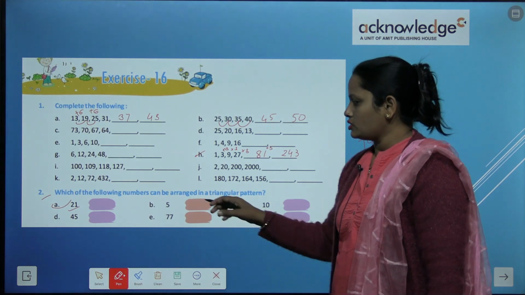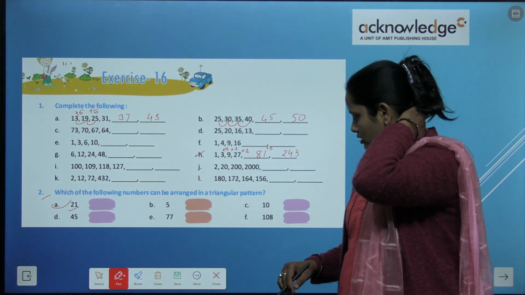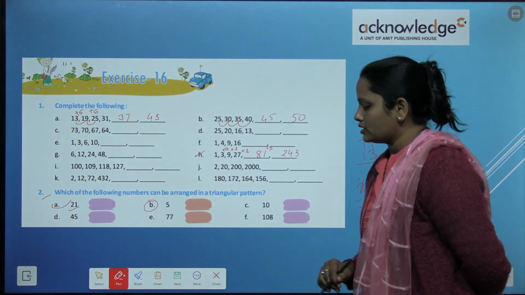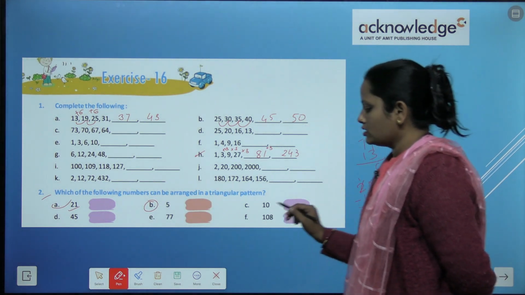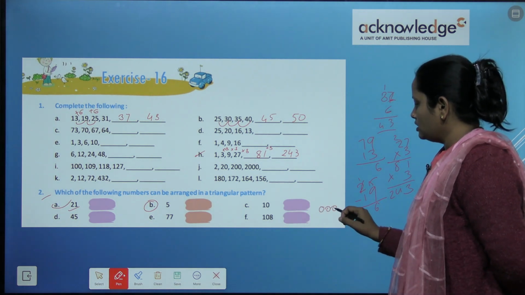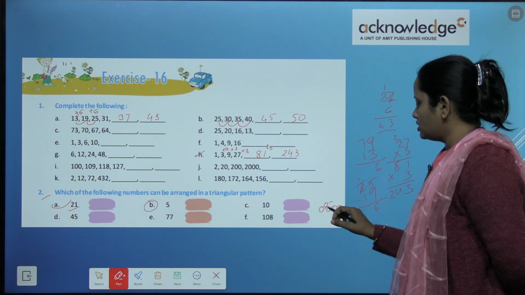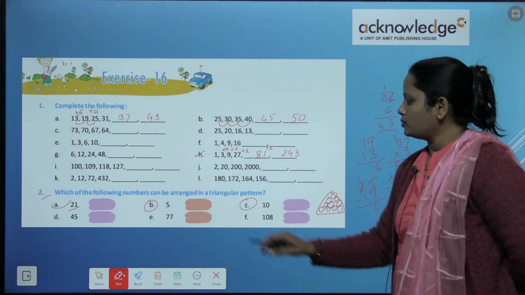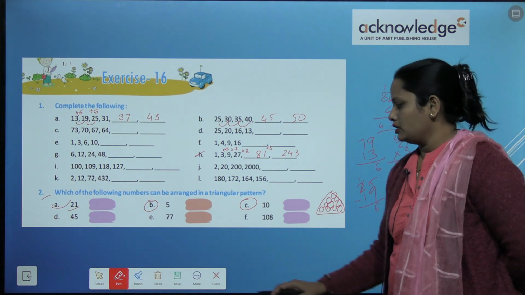Now again, this is also B question. This can also be arranged in a triangular pattern. Next, C here 10. So we can see we can arrange this or not. So yes, this number can also be arranged into a triangular pattern.